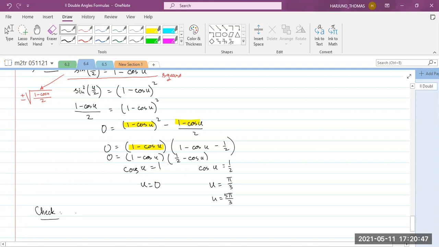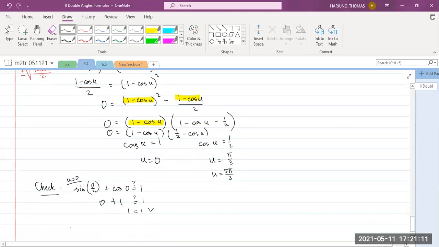So u equals 0. Sine of 0 over 2 plus cosine 0, is it equal to 1? This is 0 plus 1, is it equal to 1? 1 equals 1, check. How about when u equals pi over 3?